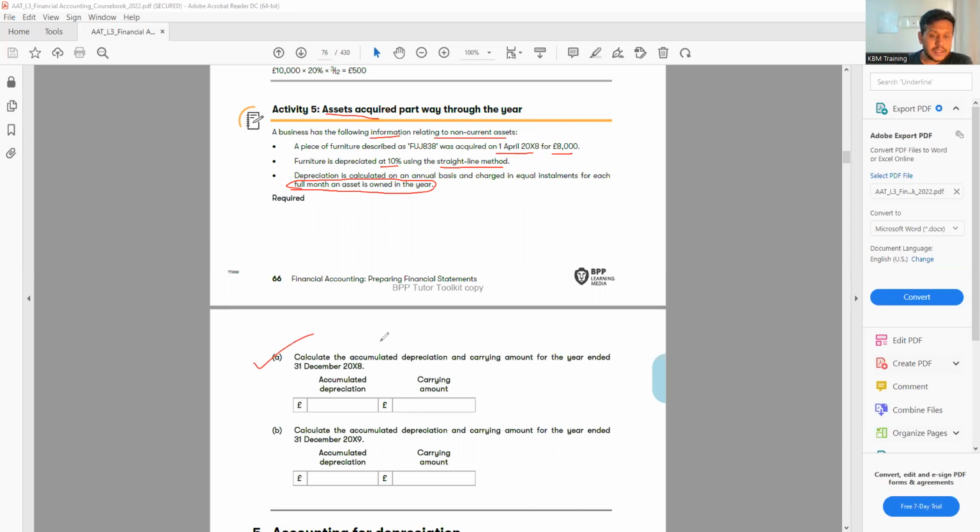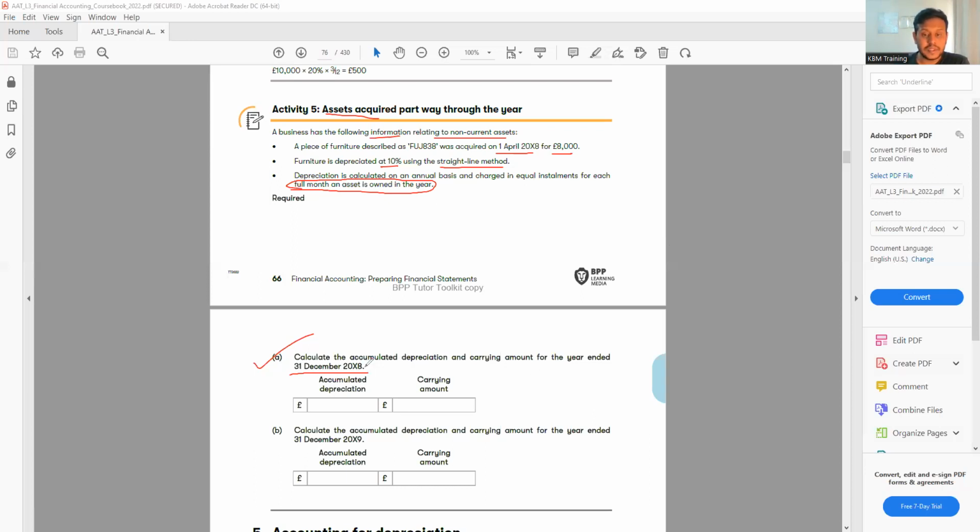The question asks to calculate the accumulated depreciation and carrying amount for the year ended 31st December 2018. Accumulated depreciation is the total depreciation.